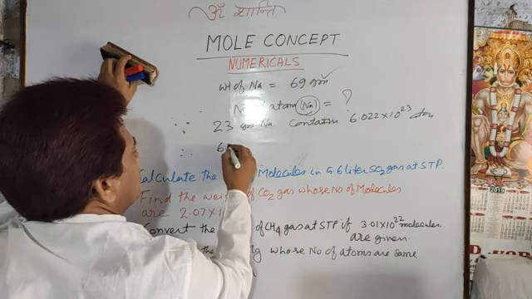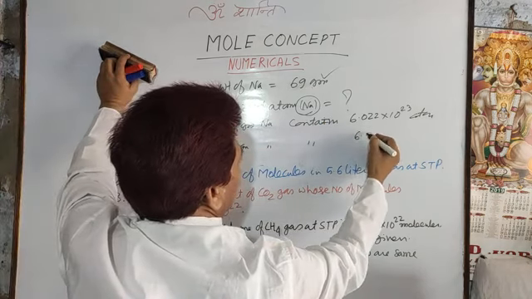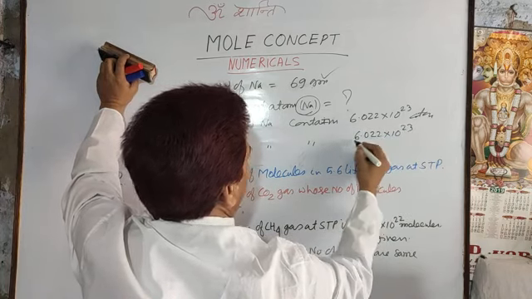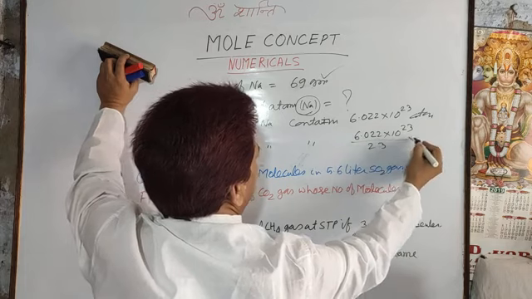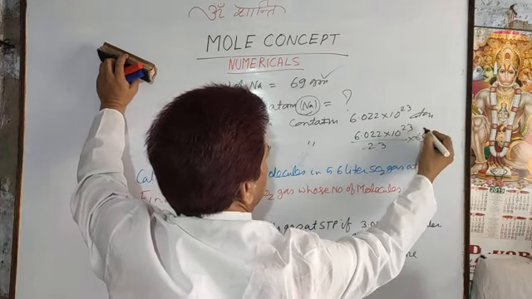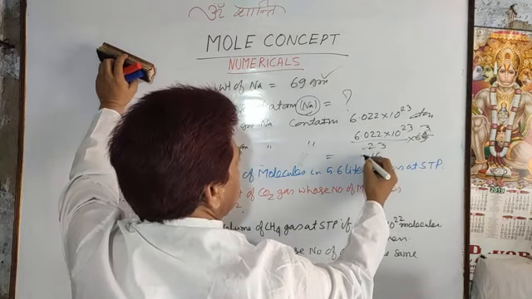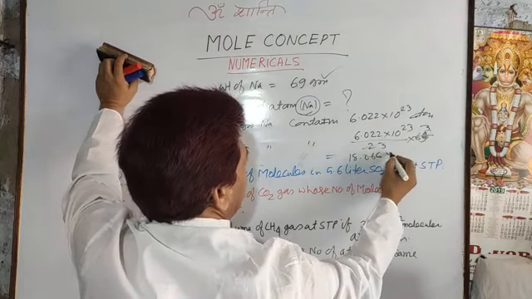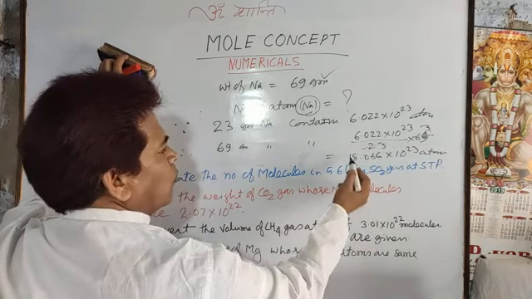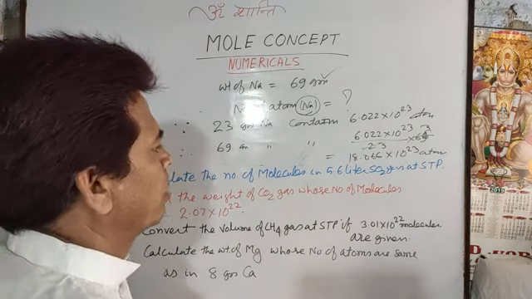Therefore in 69 gram sodium, according to the unitary method, 6.022 × 10^23 by 23 into 69. 23 times 3 is 69, and just calculate 3 times 6 is 18, into 10^23 atoms, or 1.80 × 10^24 atoms.